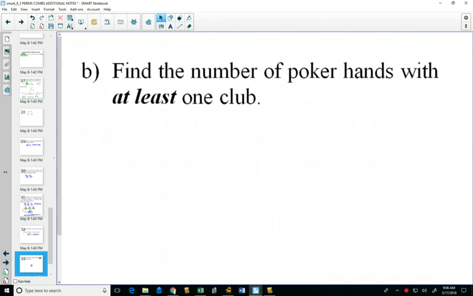Find the number of poker hands with at least 1 club, is I'm going to turn into a salesperson. And sometimes as a salesperson, you have to sell something you don't believe in. I think some salespeople do this. They're like, this is the worst car that has ever existed, but I'm going to tell you it does everything perfect for you because I need to sell this to make some money.